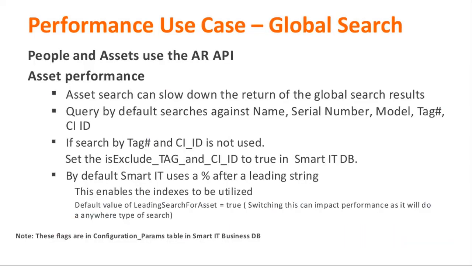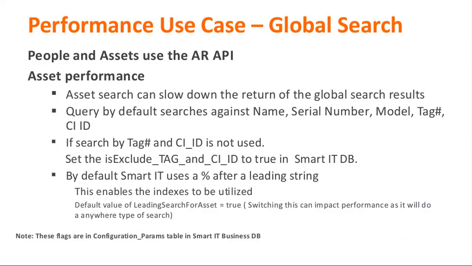As I said, global search returns tickets and knowledge articles, but it also returns assets and people. For assets and people, we use the AR API, so it does not rely on FTS. For people, we usually haven't had many issues in terms of performance.